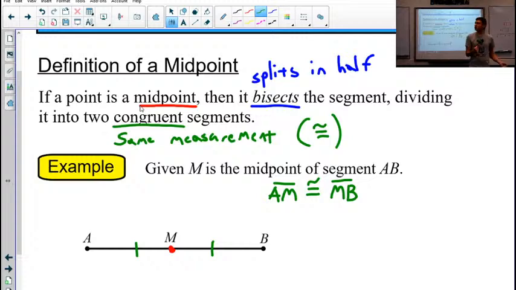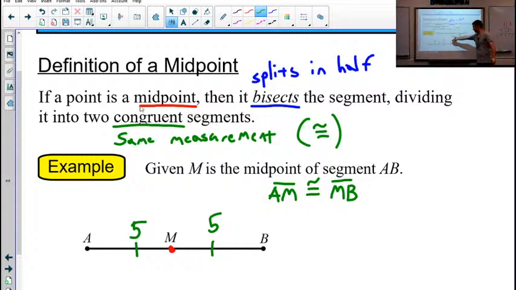So sometimes you won't even be told that they're congruent in this bit of information, but the diagram will have these little tick markings. And you'll need to know that that means that they're congruent. So in other words, if I tell you that A to M is 5, then you should be able to tell me that M to B is going to be the same, that it's also 5.